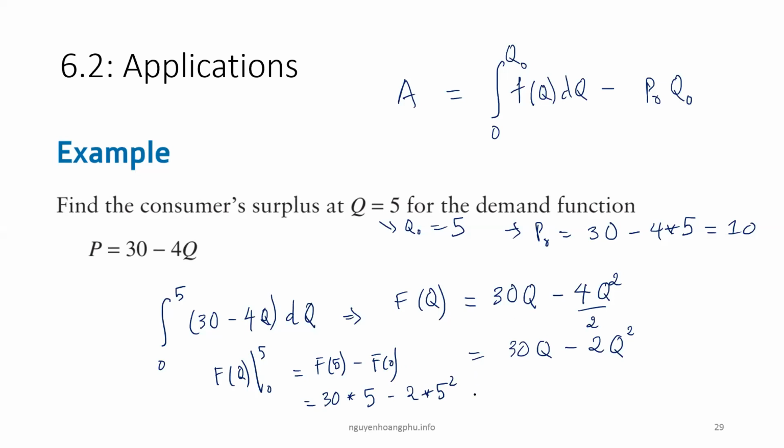F(0) is absolutely equal to 0, because Q is 0. So it will be 150 minus 50, which is equal to 100.